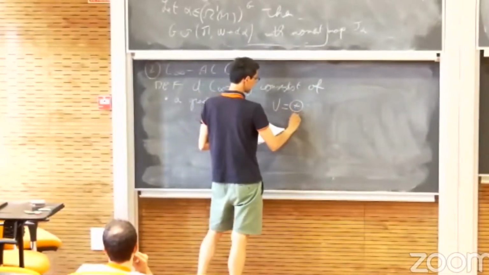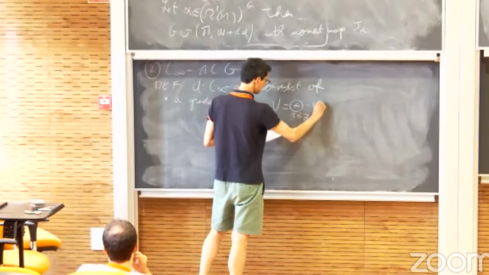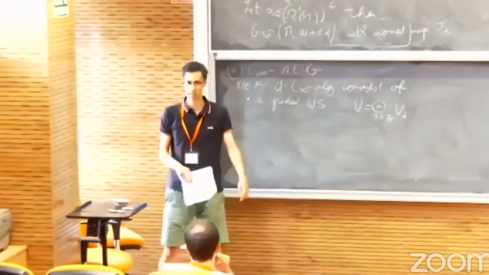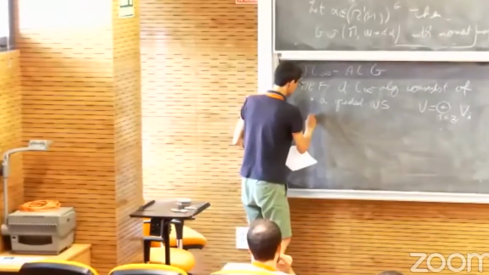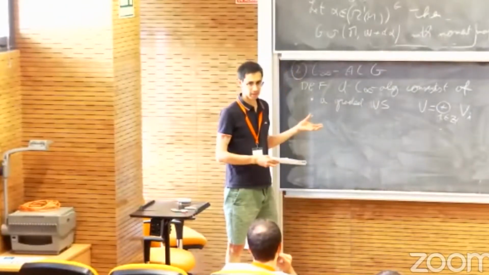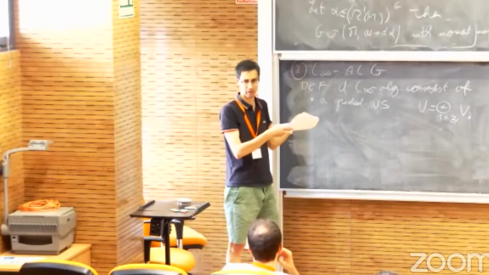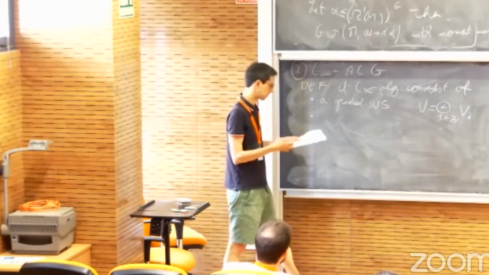Graded by what? By the integers. So I have a vector space with a direct sum decomposition indexed by the integers. And then we have maps that are not just a binary map, with two inputs and one output, like for Lie algebras, but will allow any number of inputs.